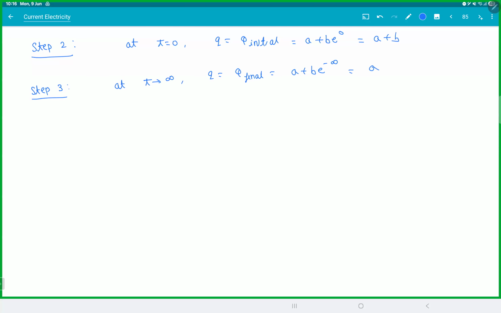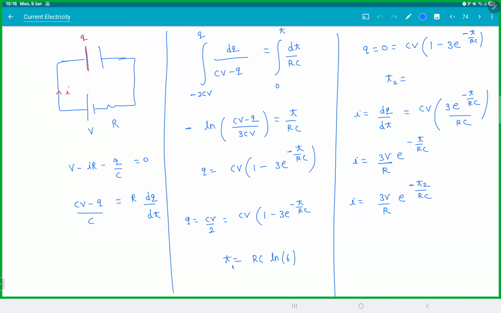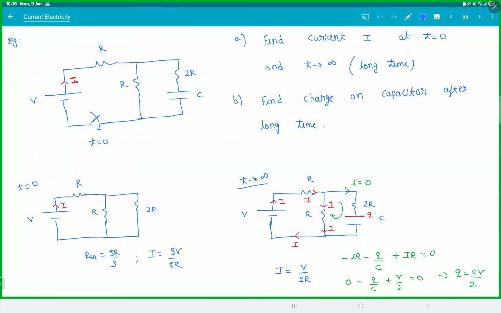Now taking the previous question, this was V, R, 2R. We have done this. This is the first problem that we did. This is the example we did, isn't it? We got CV by 2.